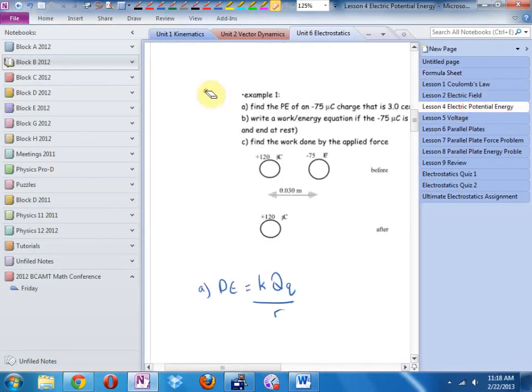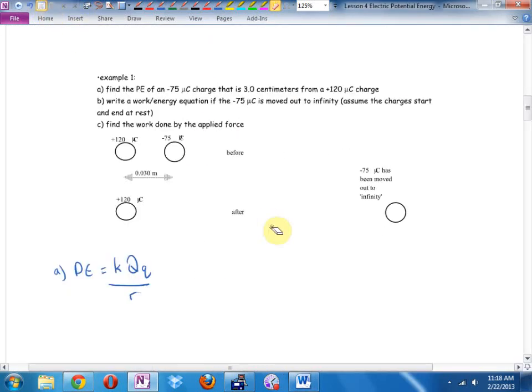So, it wants us to find the potential energy. K, 9 times 10 to the 9th. Big Q, that's the bigger charge, and we're going to assume when they talk about a fixed charge that some invisible angels are holding it in place, or maybe it's thumbtacked to the paper or something silly like that.